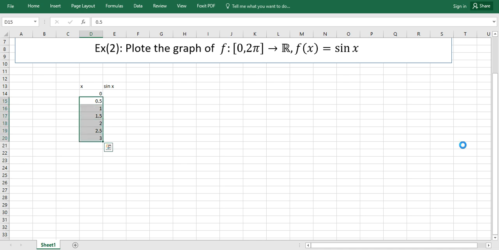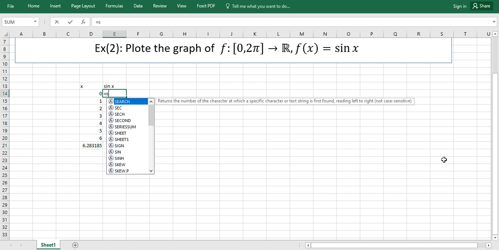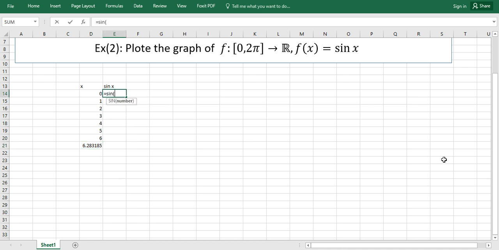Let me start with the initial values 1, 2, 3, 4, 5, 6, and the final value is 2 pi. So I am writing here 2 star pi, and in this way it will give you an approximate value of 2 pi. Now I am giving a formula, that is sine of this number.